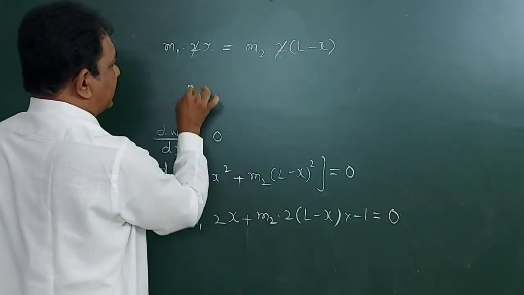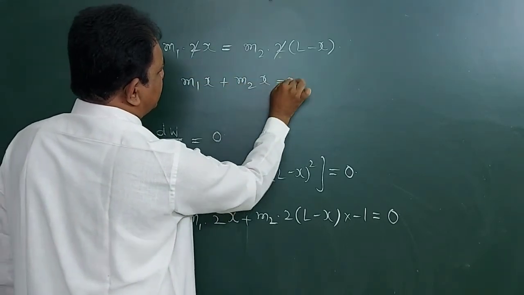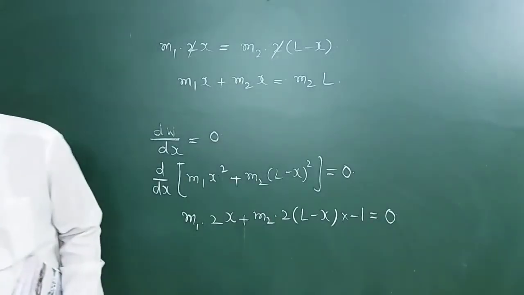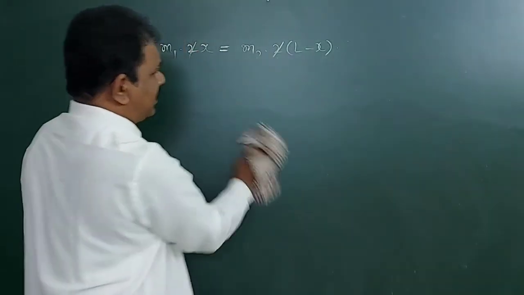We had to find x value. m1x plus m2x is equal to m2L. Take x common. Is it understandable?